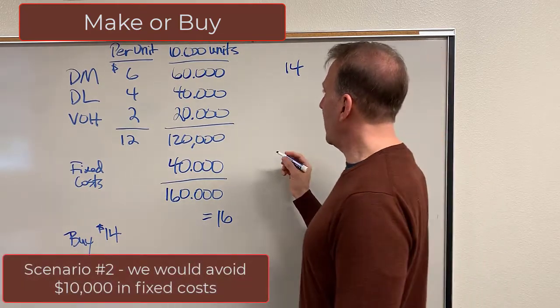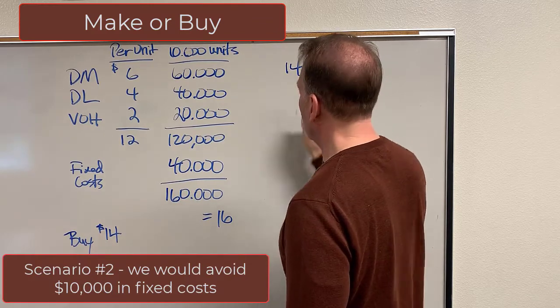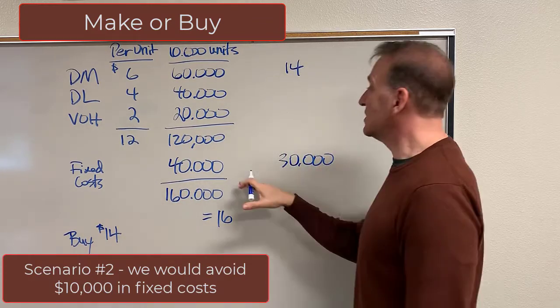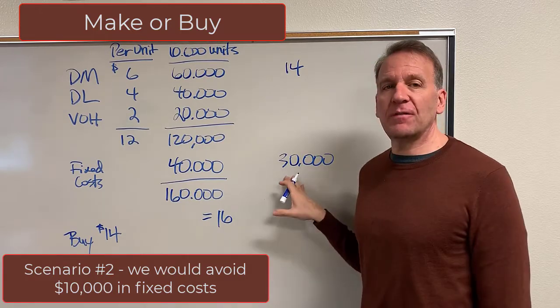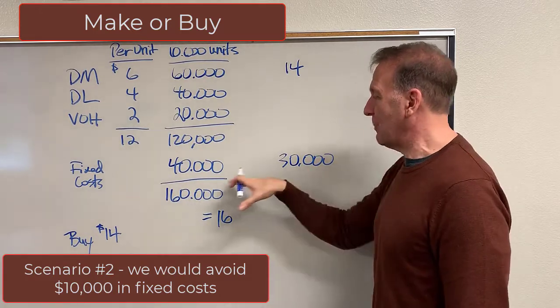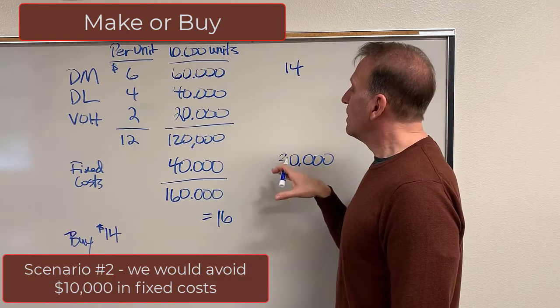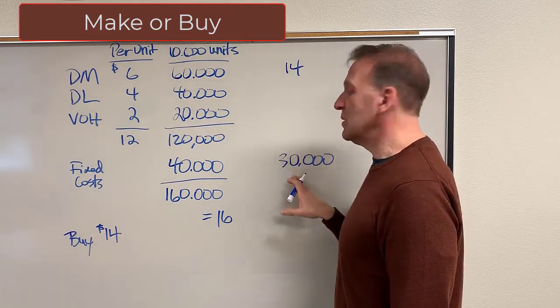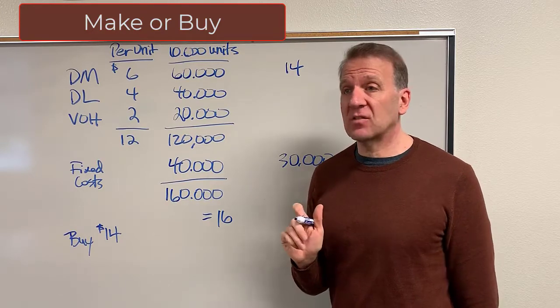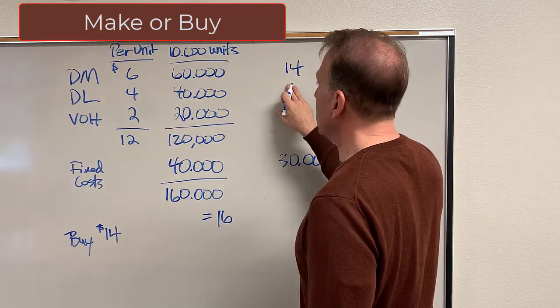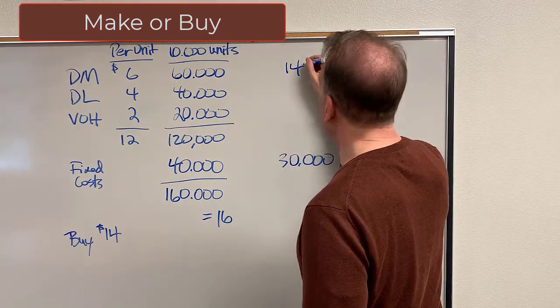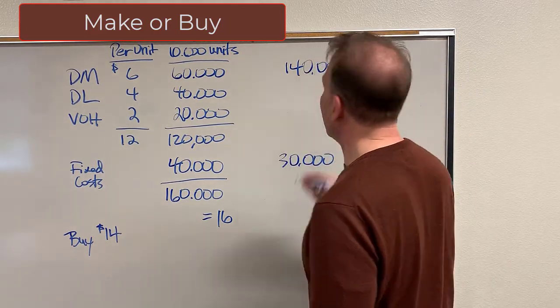So what that's telling us is that, well, let's put that down. If we could avoid 10,000, that means that we would still have 30,000 of fixed costs. Since we're keeping this apples to apples, if we can avoid 10,000 if we buy, then we would still have 30,000 of fixed costs. And it's $14 per unit, and we'd be buying 10,000 units.